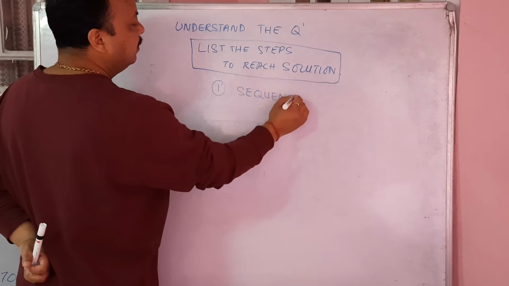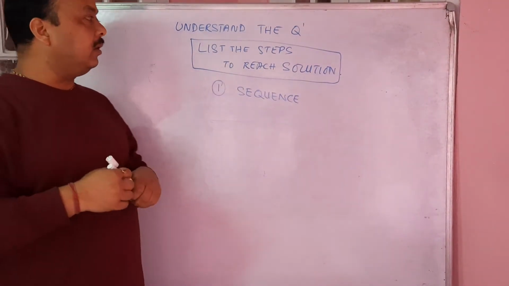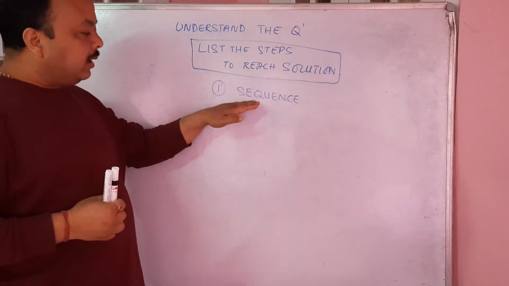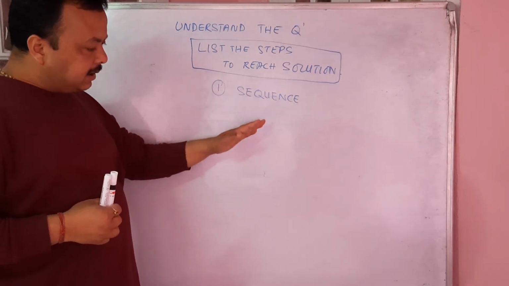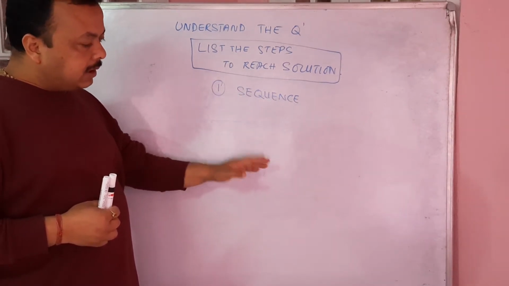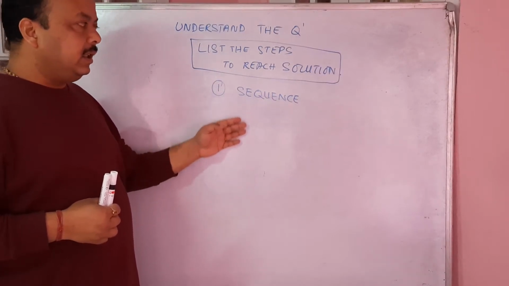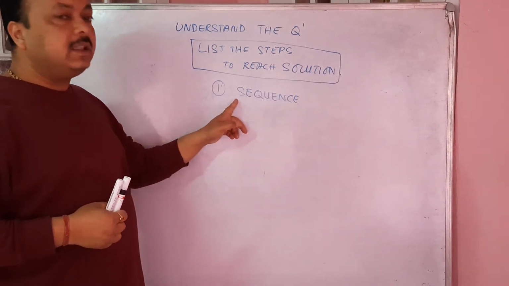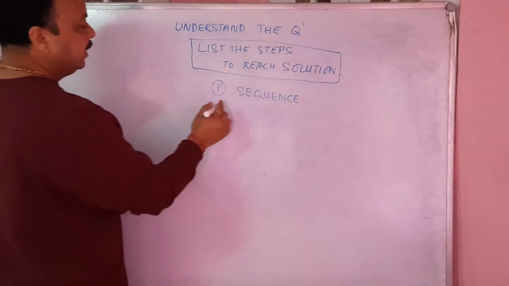Sequence means all the steps that we are going to carry out in order to reach the solution to the problem may be one after the other. Sequence means first step, second step, third step, fourth step in a sequence. What are you going to do in order to reach the solution to a problem? So sequence, or sequential programming, is one of the techniques.